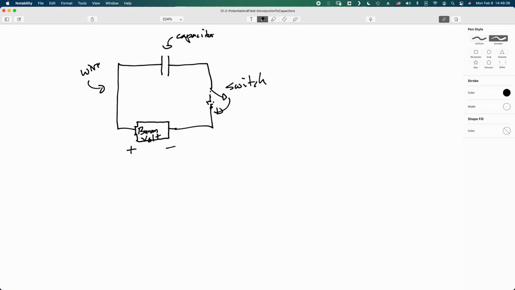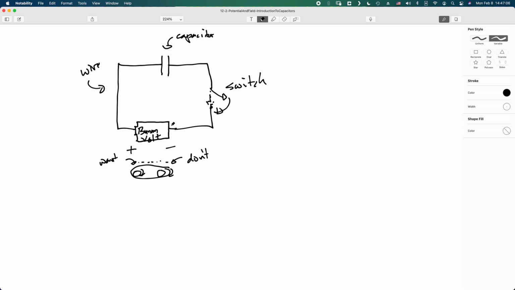All right, so when we close the switch, we have to keep in mind that a battery basically just acts like a conveyor belt for charge. So what it's going to do is we'll imagine it spinning like this, and it's going to take electrons from where they want to be over here to where they don't want to be over here.